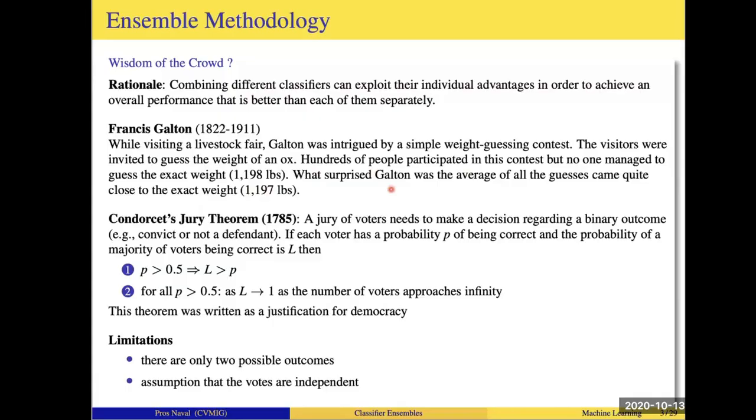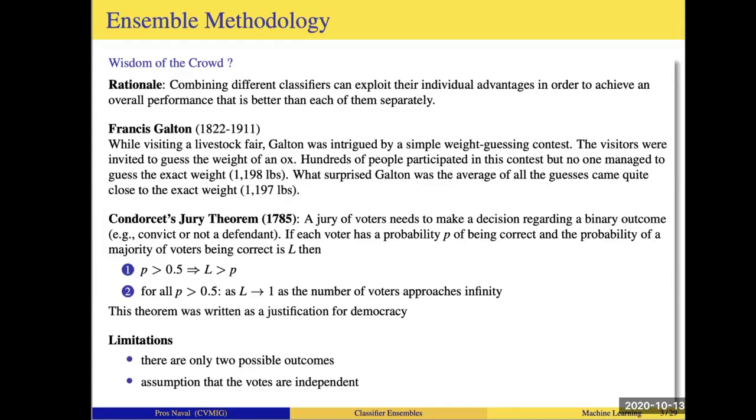But what surprised Galton was that the average of all the guesses came quite close to the exact weight, 1,197 pounds. So it's just off by 1 pound. This story of Galton has been repeated countless times to demonstrate the wisdom of the crowds or collective intelligence.